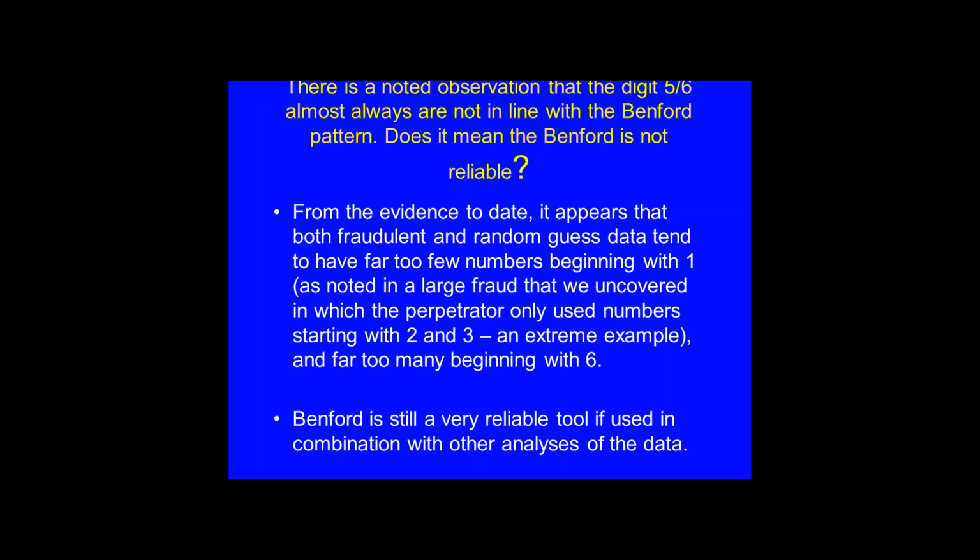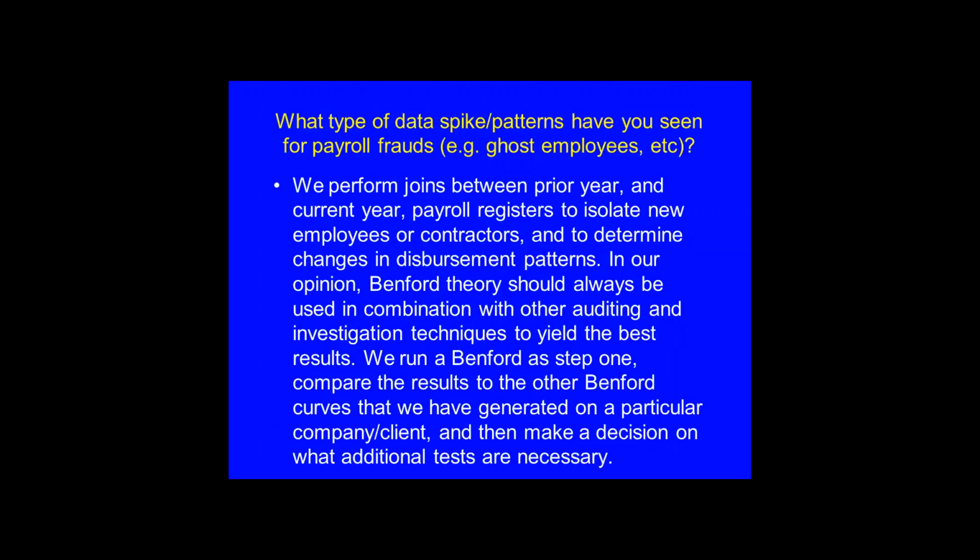Yes, like in the case of that fraud, that's the theory from Dr. Negrini, and from our experience, the ones tend to be significantly underrepresented. In the case of the fraud, the frequency of occurrence of 1 was 0. So I was going to just harp on one thing: please establish a baseline for your data.